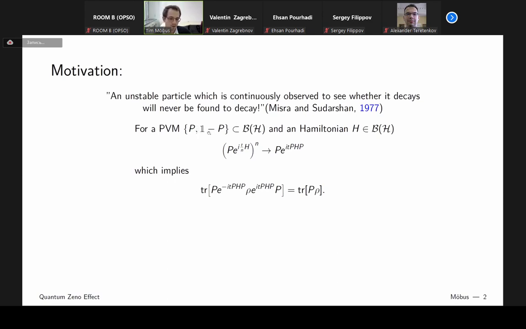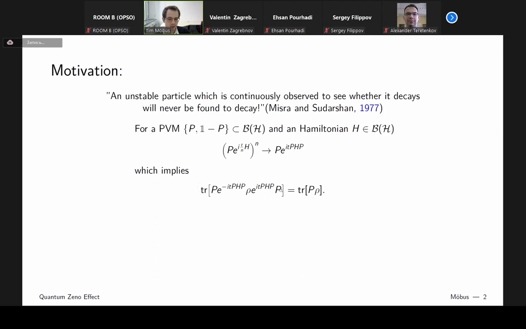What they have shown is that they looked at this sequence here, and they proved that this converges to this dynamic. So we have a semigroup again, and the generator of the semigroup depends on H, the Hamiltonian from the time evolution before, and on P. What is interesting is that if we look at the trace, we apply Born's rule.